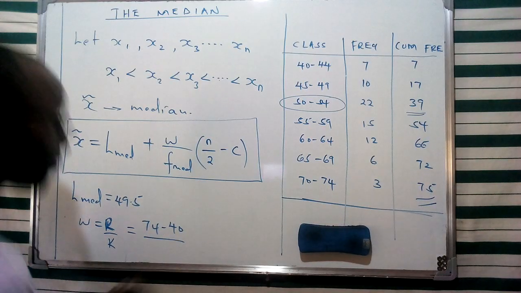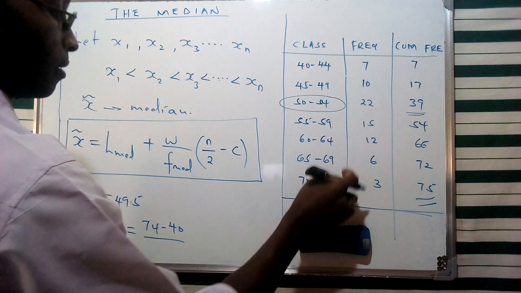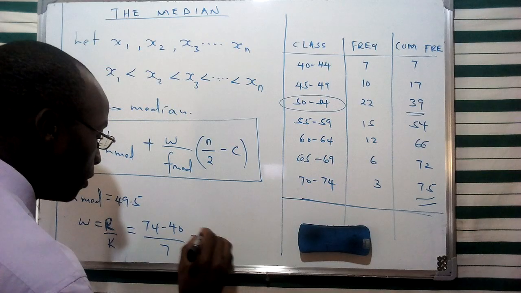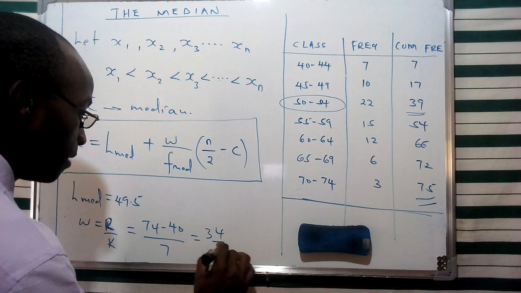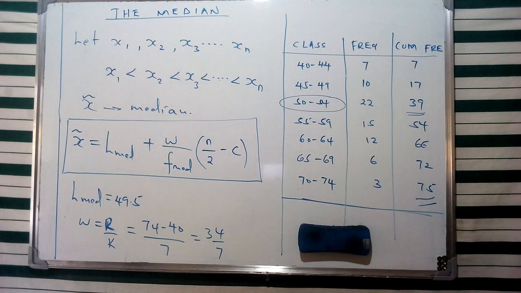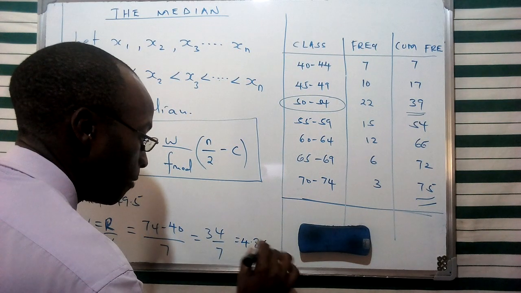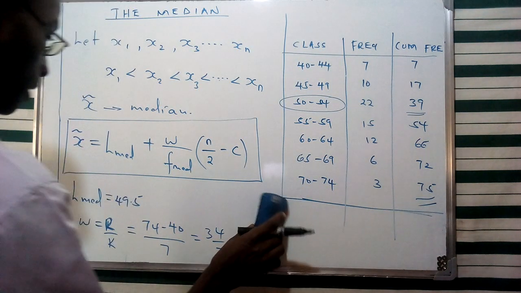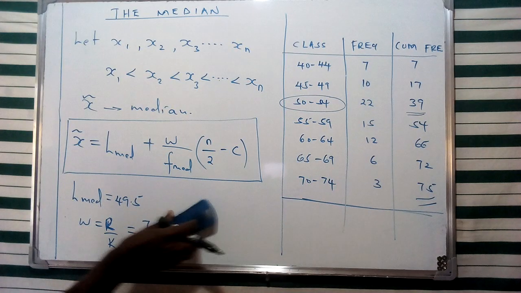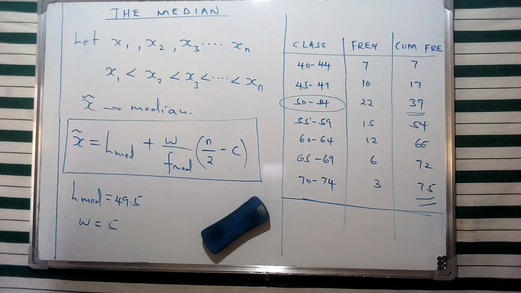Then we divide this by the number of classes, which are 1, 2, 3, 4, 5, 6, 7. So this is 34 divided by 7, which gives us approximately 4.85. As we said, we round up this figure to obtain a whole number, which is 5. So we shall have our W represented as 5.